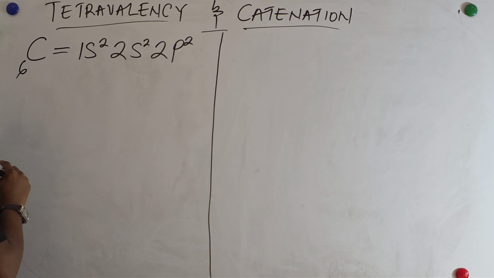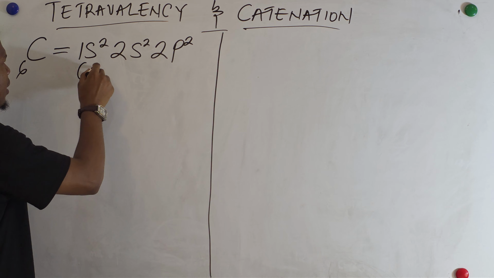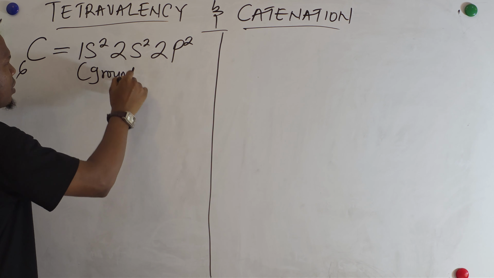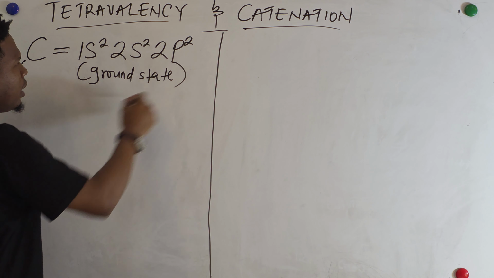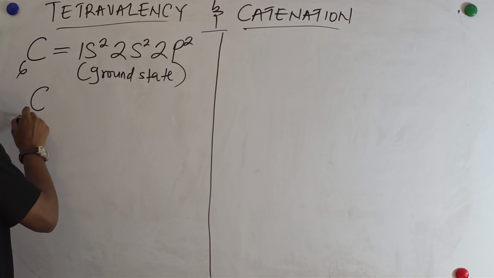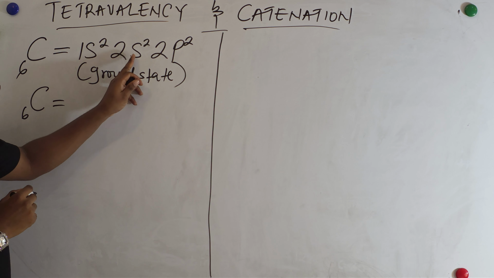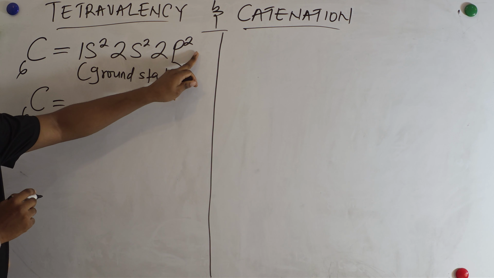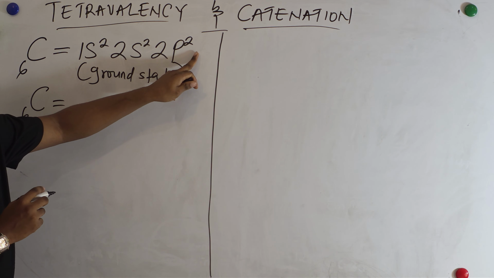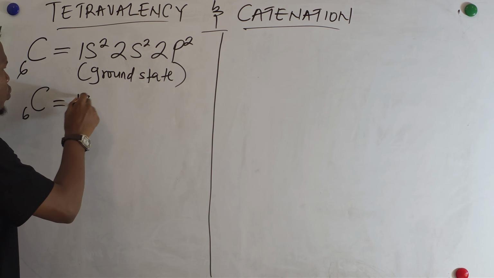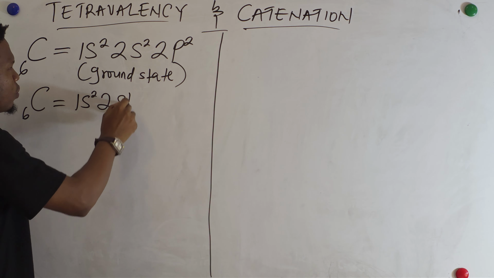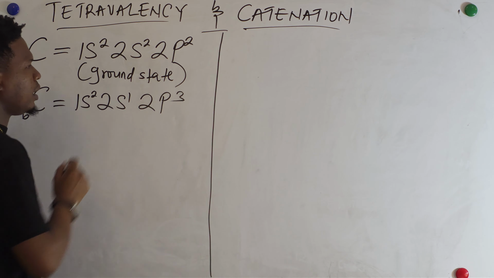Now, when you excite carbon, let me just write it here, ground state. This is the ground state configuration. So when you excite carbon, an electron from the 2s will migrate to the 2p to balance this p orbital to the partially filled state, right? So what I'm going to have here becomes 1s2, 2s1, 2p3.